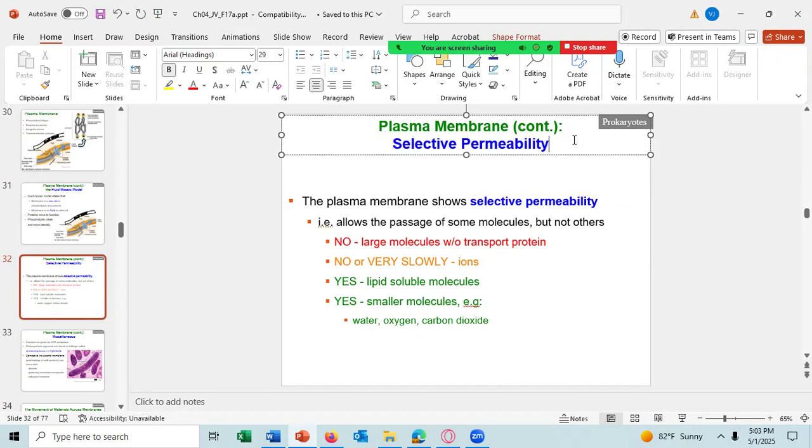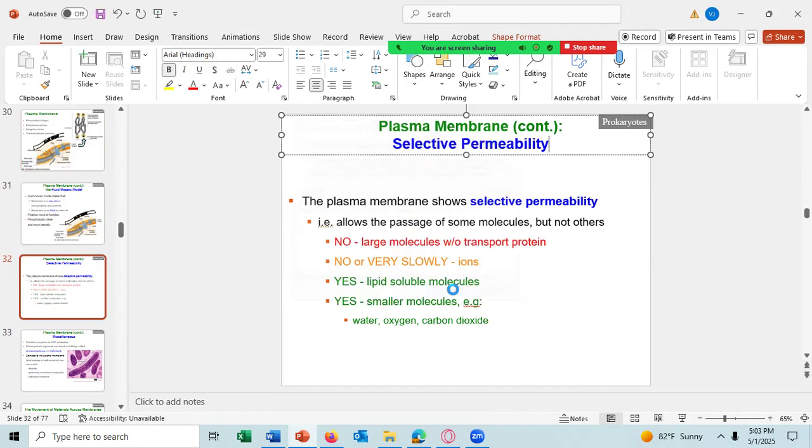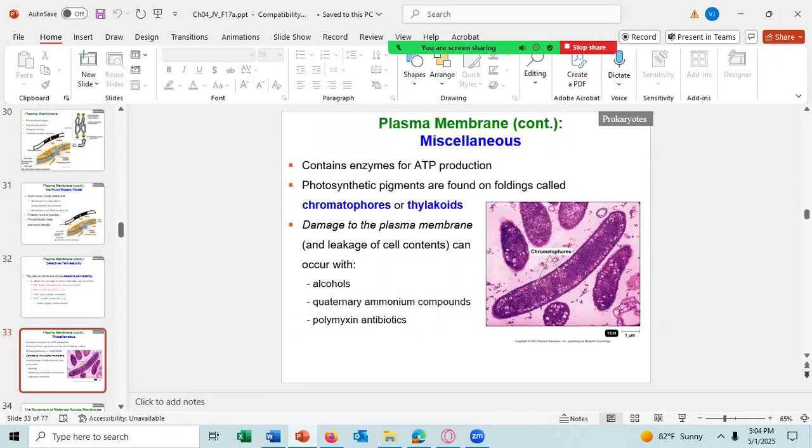Any questions about any of that? All right. So the plasma membrane does do other things besides, I don't know, keep the cytoplasm inside the cell.